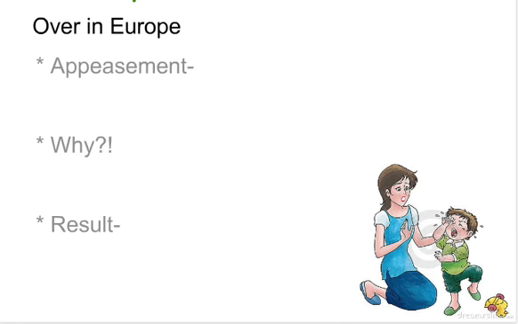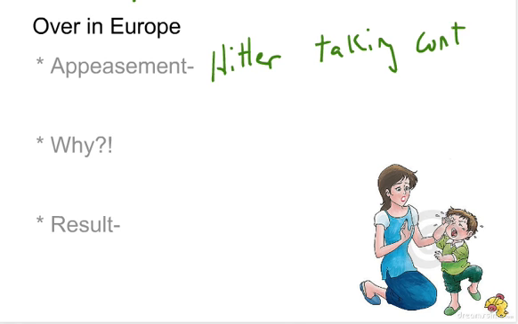The first thing is, over in Europe, we know that Hitler is taking control in Germany. And not only is he taking control in Germany, but he is taking control of other lands throughout Europe.